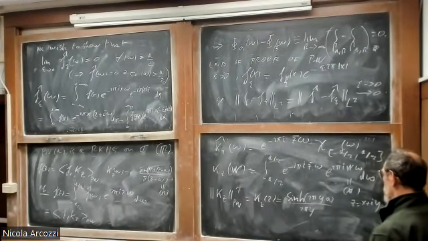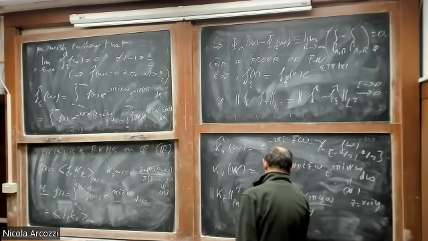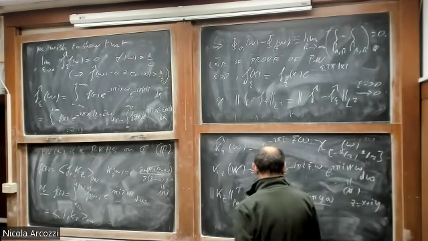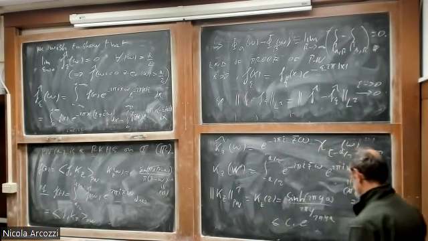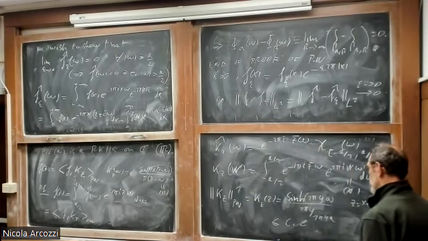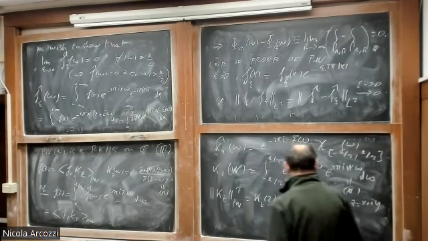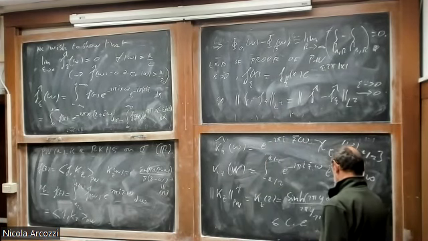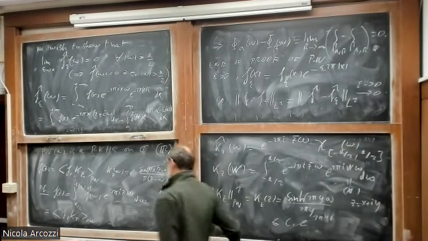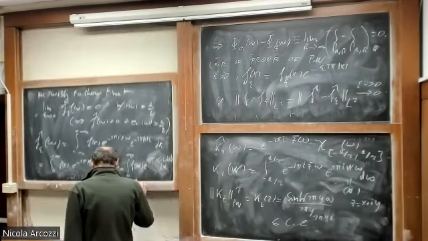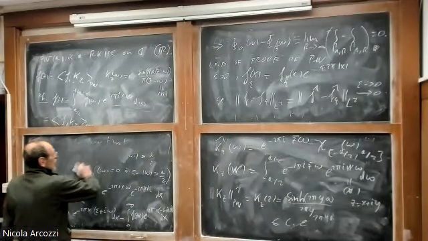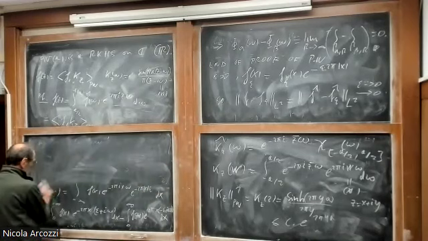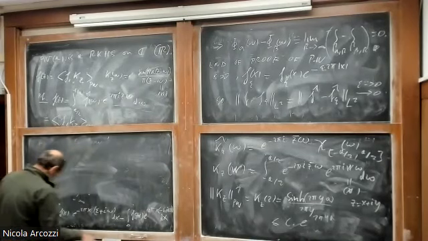That is bounded by a constant times e to the pi a y. So from this, you immediately get the result as a corollary.